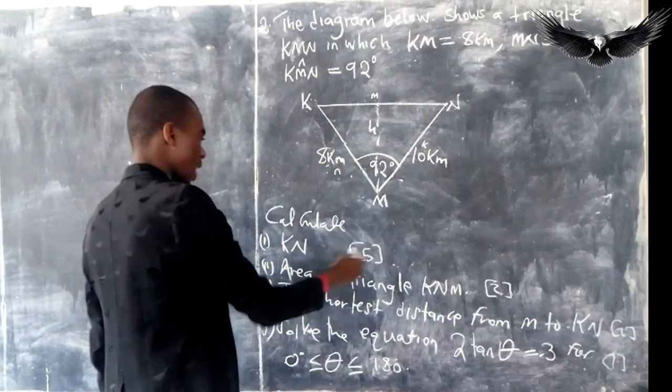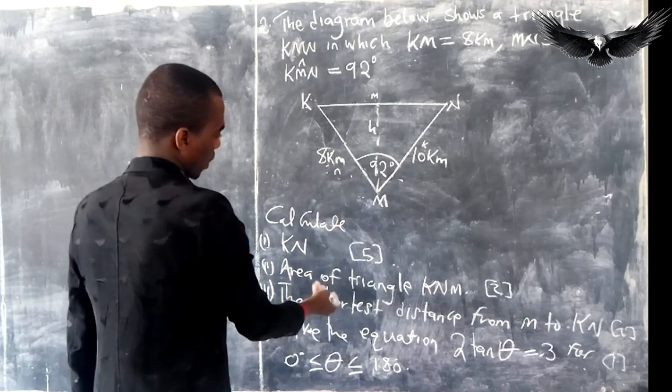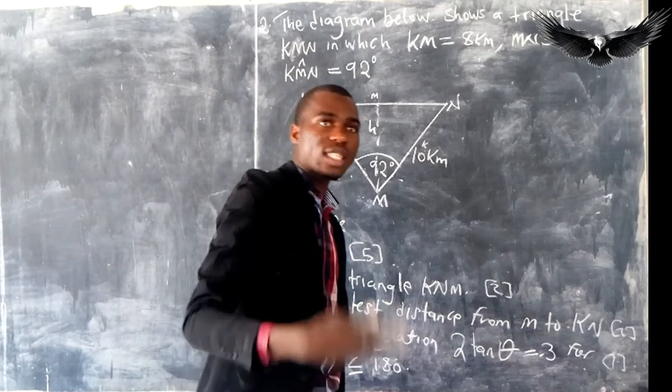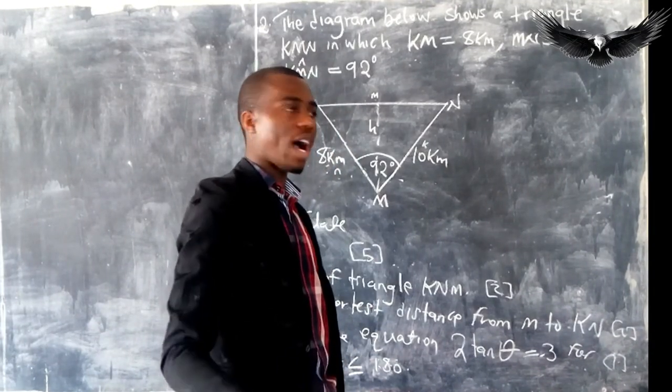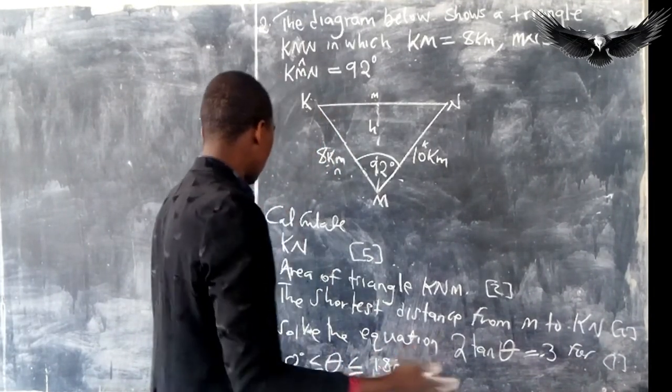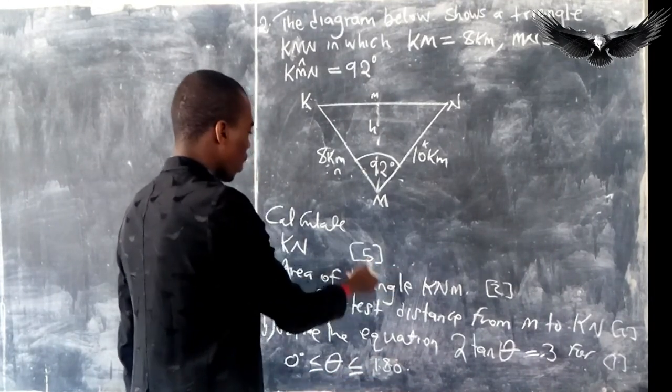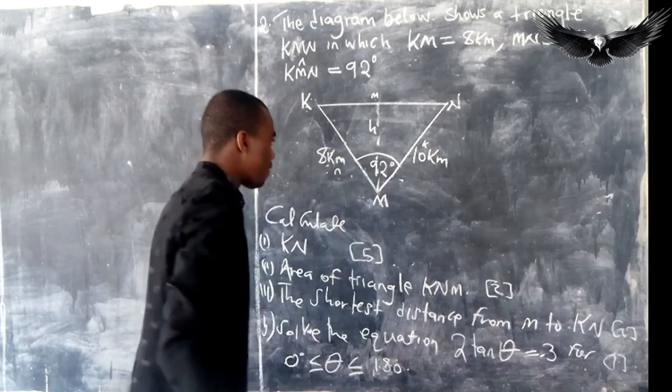Alright. Then, like I said, if you just notice that the number of marks is 5, you don't need to start thinking over and over. What you just need to do is know that you're using cosine rule if it is 5 marks.